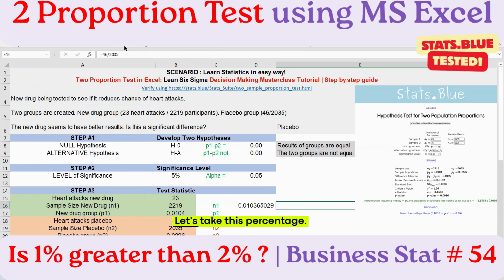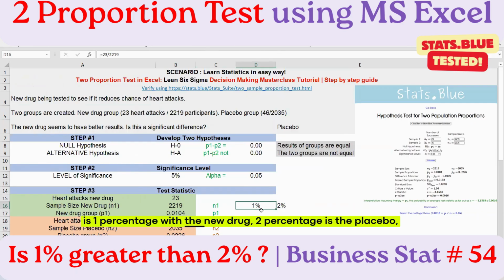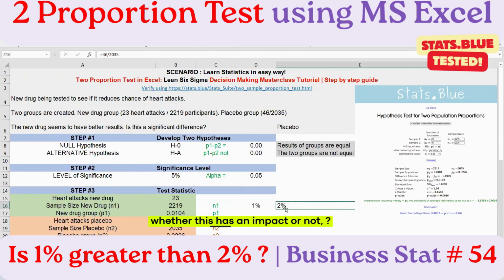Let's take these two percentages, this is percentage one with the new drug, percentage two is placebo. Whether this has an impact or not, right? Whether these differences are subtle, vital, or due to chance, all that we can figure out.